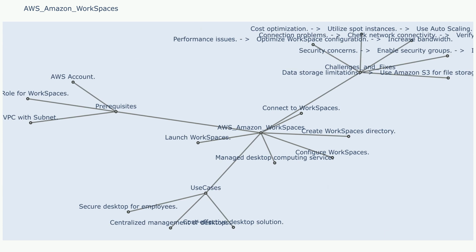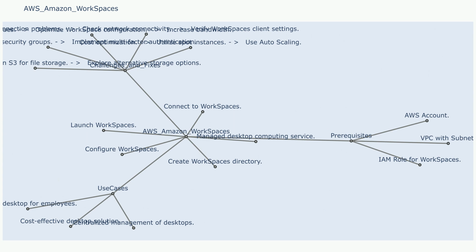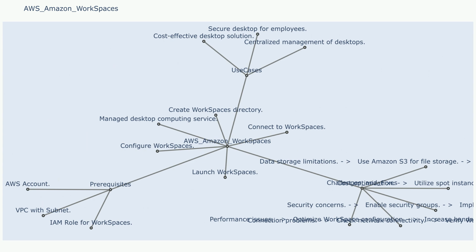Cost-effective desktop solution: organizations can leverage the pay-as-you-go pricing model of Workspaces, reducing capital expenditure on hardware and software. It also allows for scalability based on demand, optimizing resource allocation and costs.